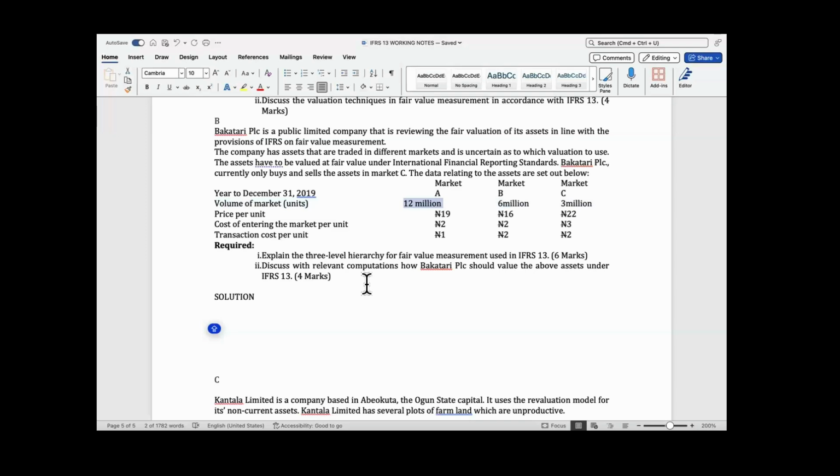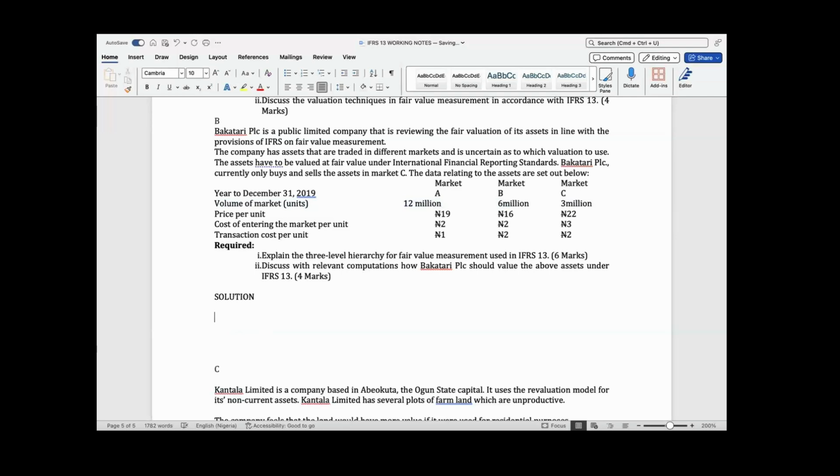And immediately we're able to identify the principal market, then it is in that market that we will get our fair value. Okay. And we will then compute our fair value. So if I want to get my 4 marks fully, I would tell the examiner that to determine the fair value, we need to identify the principal market.